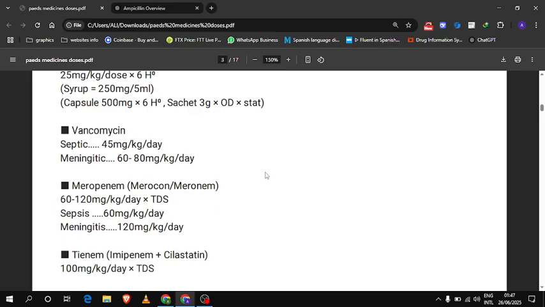The dose of meropenem is 60 to 120 mg per kg per day. For sepsis it's 60, and for meningitis it's 120 mg.